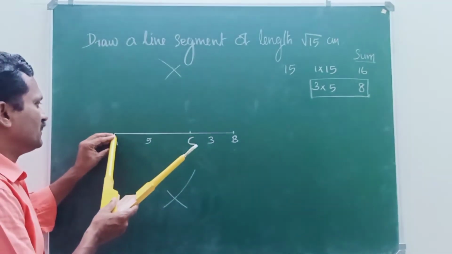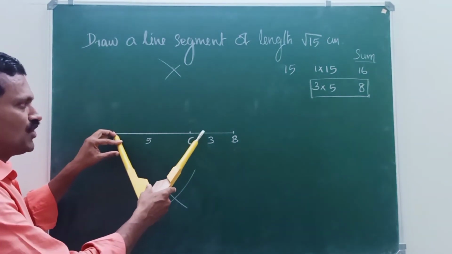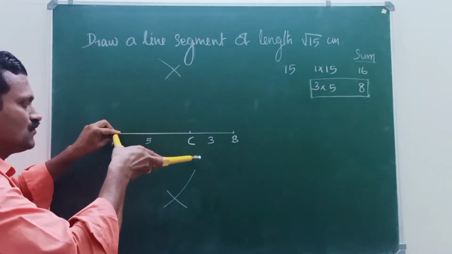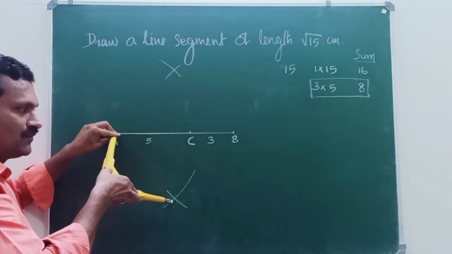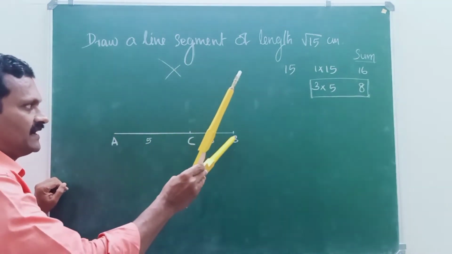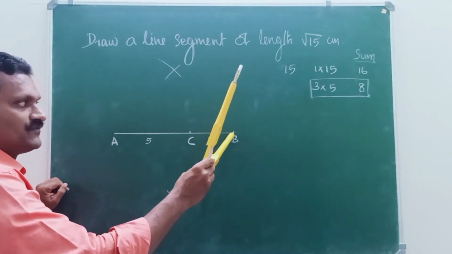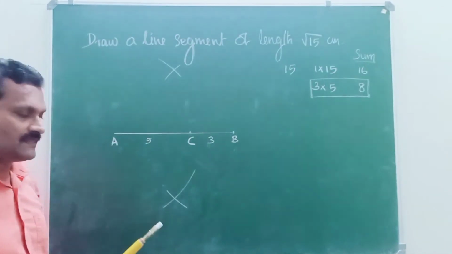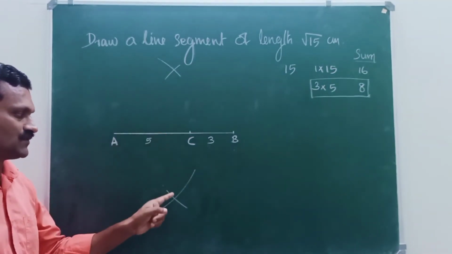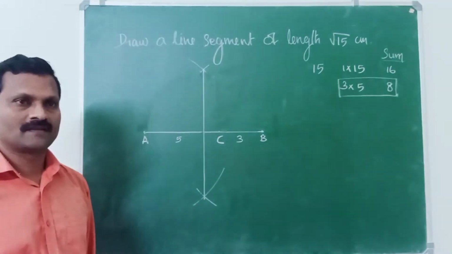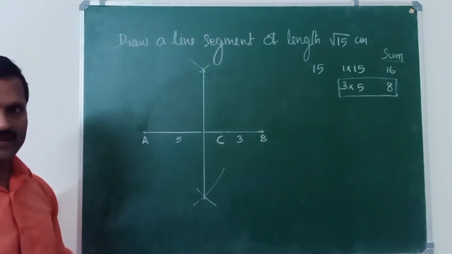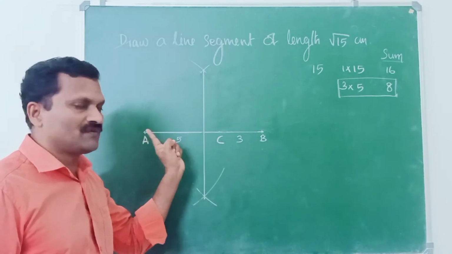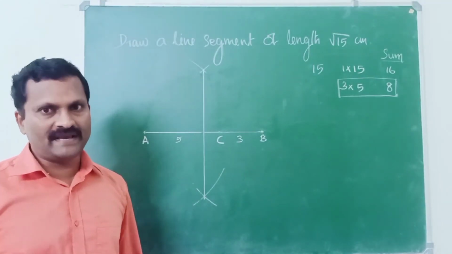For this, we put the compass at A, take more than half of AB on the compass, then draw two arcs, one above and the other below AB. With the same radius, from B, we draw another arc which cuts the first one. Then join the points of intersection of these arcs, which will give the midpoint of AB. That is the perpendicular bisector.